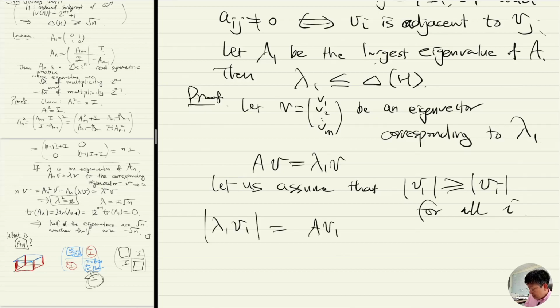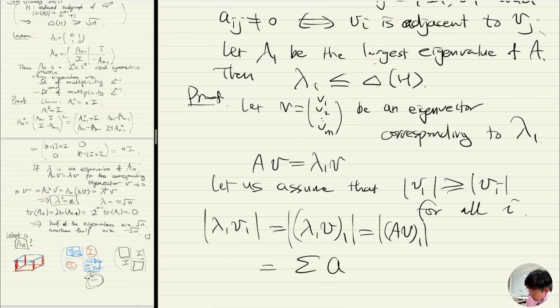That's AV, and then I look at the first coordinate because AV is equal to lambda 1 V. So if I look at the first coordinate, then that's lambda 1 V1, but this is equal to AV, but that's equal to the sum of A1J and VJ, right?